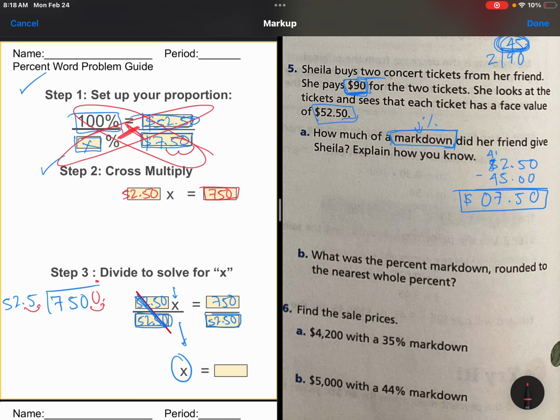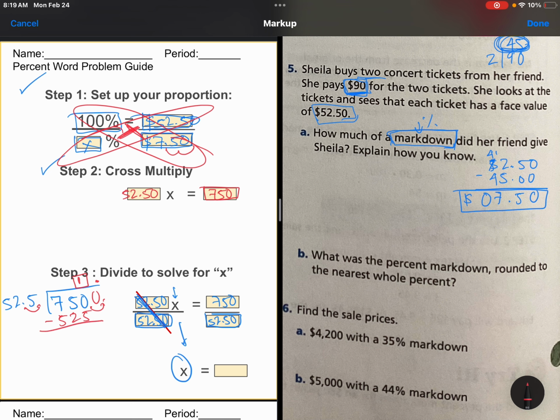Now 525 cannot fit in 7. It cannot fit in 75. But it can fit in 750. So how many times does 525 fit in 750? Only one time. So 525 times 1 equals 525.